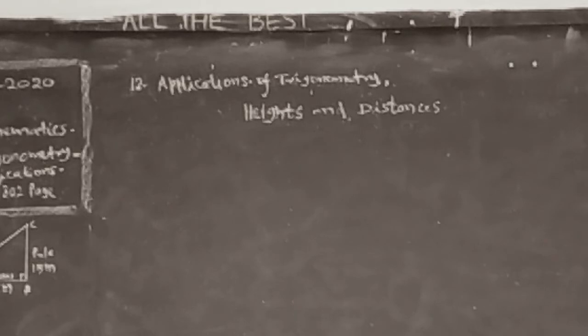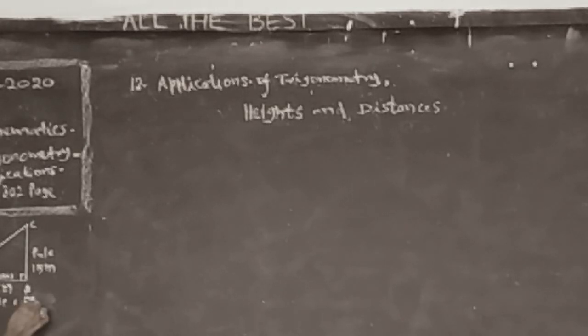Now write the height of the pole. Height of the pole is equal to 15 meters. Now BC is equal to 15 meters.